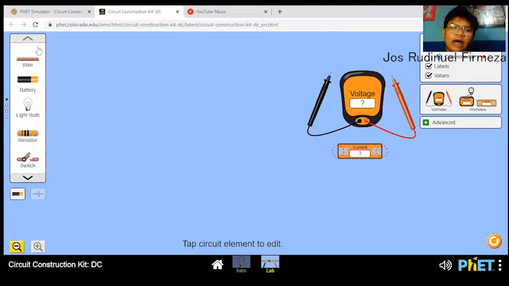In the upper left corner of the screen, you will see wires, battery, light bulb, resistor, and switch. For now, we will be using wire, battery, resistor, and switch only. So click for the battery.